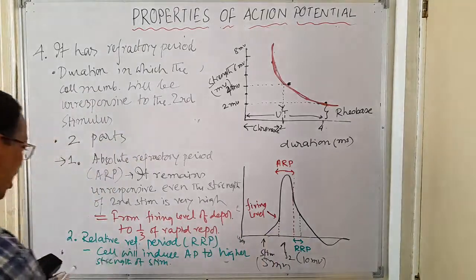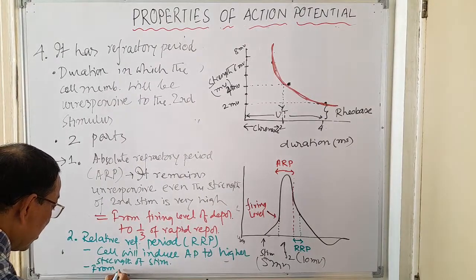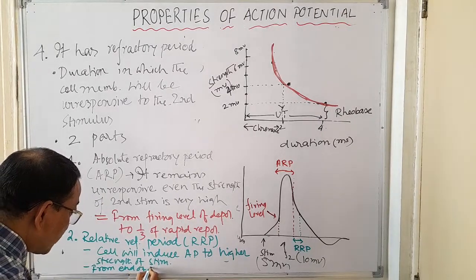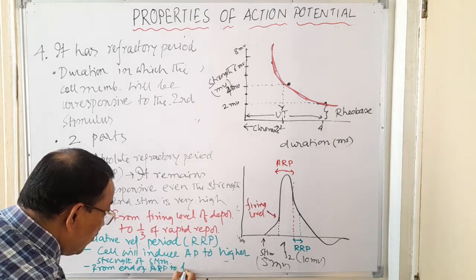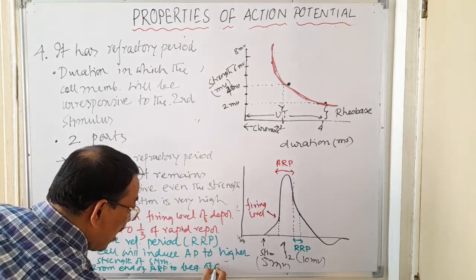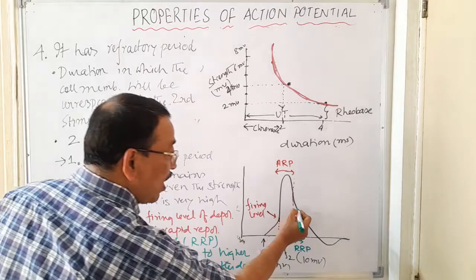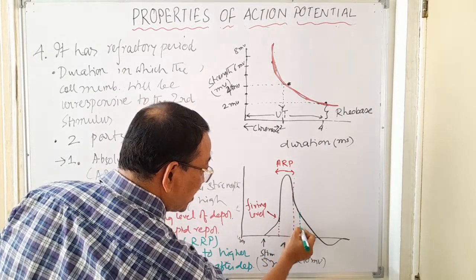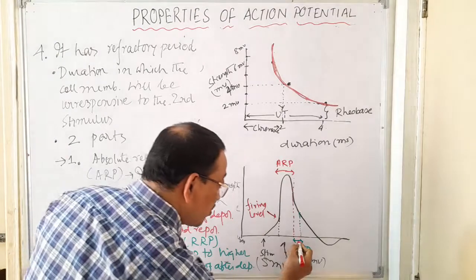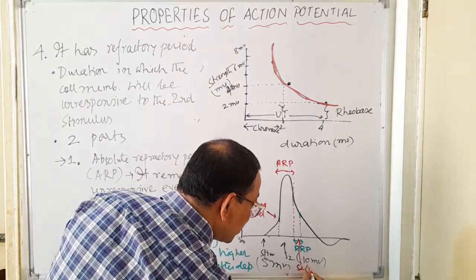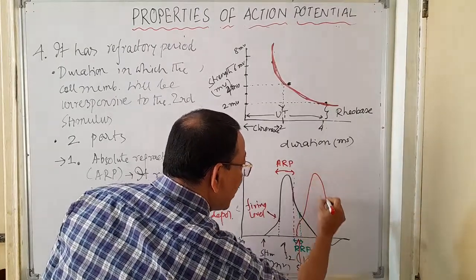And how much is this period? It is from the end of the absolute refractory period to the beginning of the after-depolarization. In this phase, if we apply the second stimulus with, suppose, 10 millivolt, then we are able to get another action potential.